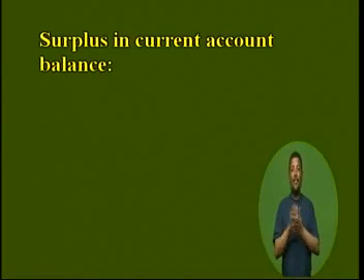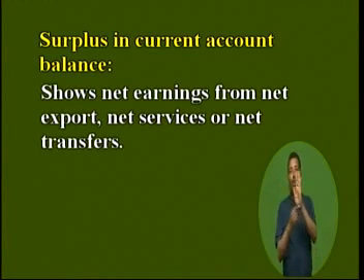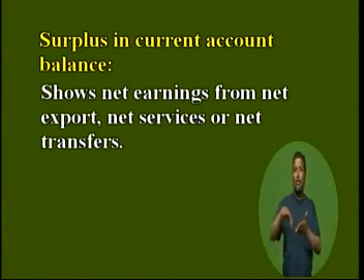I hope you've clearly distinguished between current account and capital account. The basic difference between the two is that while the current account reflects a nation's net income, the capital account reflects net change in national ownership of assets. That is, surplus in current account balance shows a nation is obtaining net earnings.